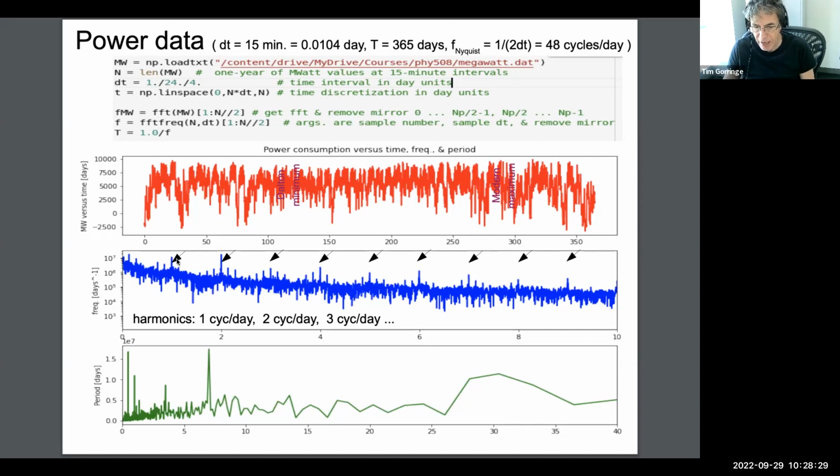And I pointed out that there are many higher harmonics of the daily cycle. So here on the left is the fundamental frequency, 1 cycle per day. Here's the lowest harmonic of that. This is 2 cycles per day. We've already met that. But you see 3 cycles per day, 4, 5, 6, 7, 8, 9 cycles per day. They're all in the data.